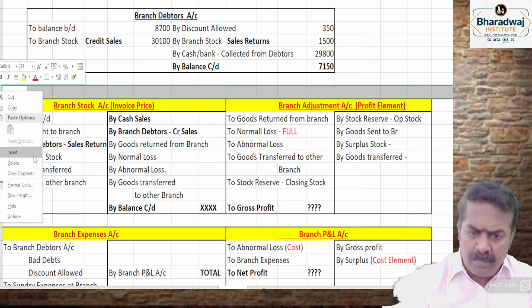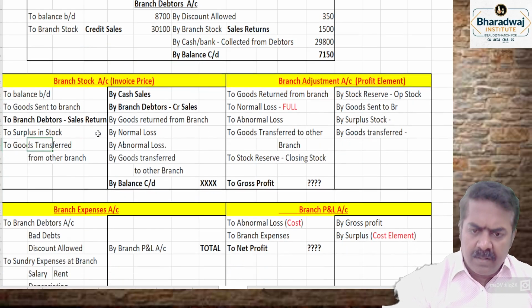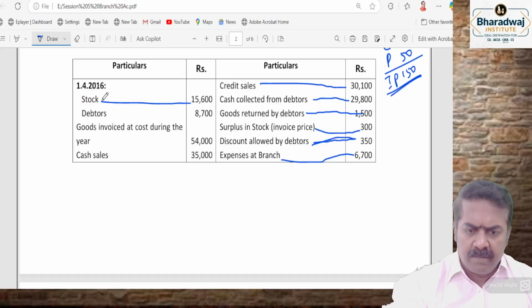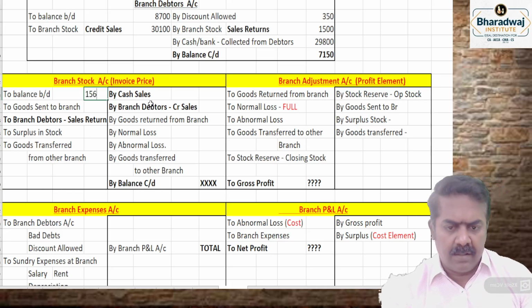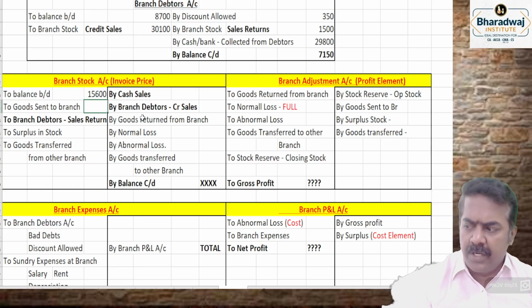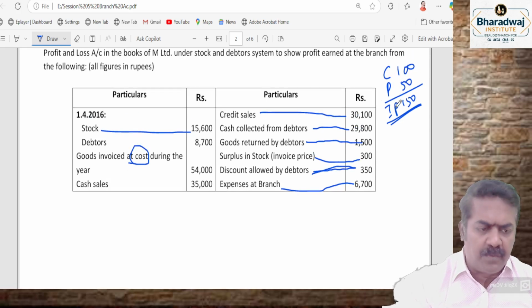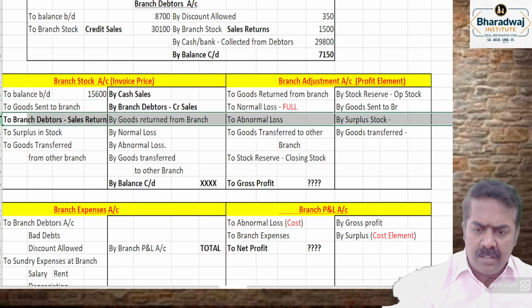Now let us come to the branch stock account. Stock account is maintained at invoice price. What is the opening stock invoice price? What is opening stock? 15,600. Any goods sent to branch given? At cost is given. If cost is 100, profit is 50. Invoice price will be 150. Goods returned.